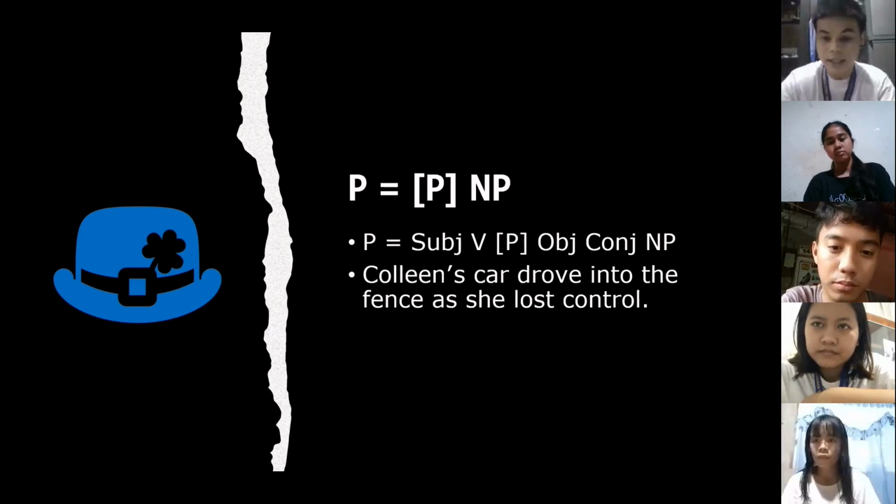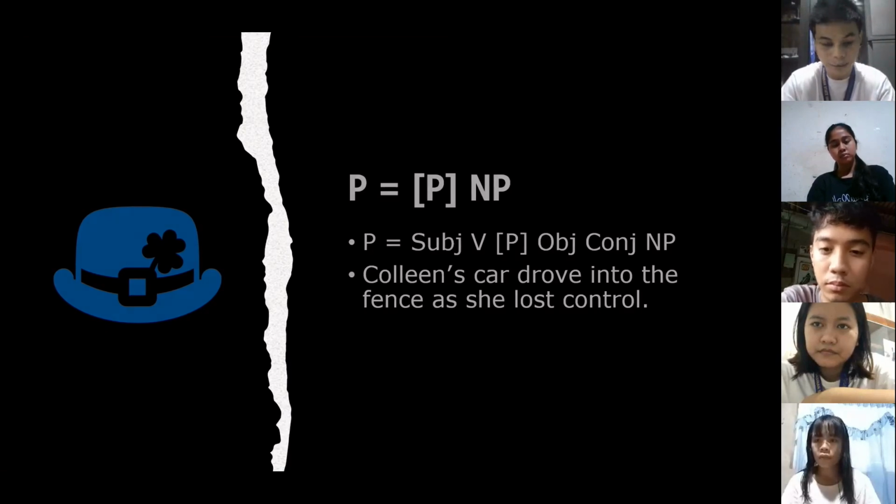Your subject is Colleen's car, rather. Your verb drove comes in, and your preposition into, and your object the fence. Your conjunction as. Of course, take note of the insertion of the conjunction as, and your noun phrase she lost control.